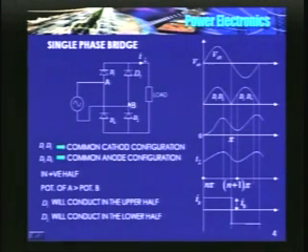D3 starts conducting. The moment D3 starts conducting, cathode potential of D3 is the same as the potential of B, assuming a diode to be ideal.